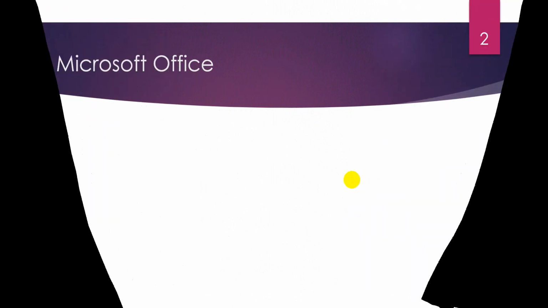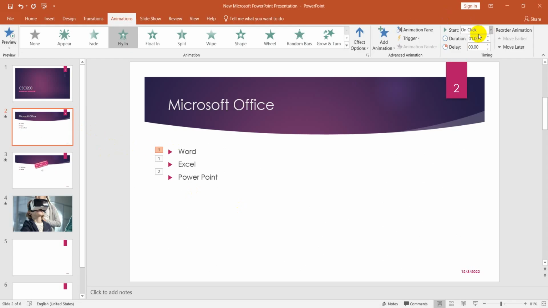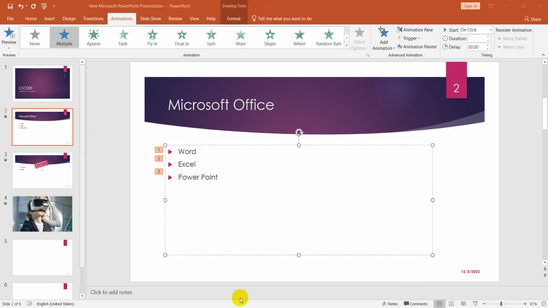If I click on the slideshow, now the first animation will be played on click, which means the animation will be played when I click on the mouse.